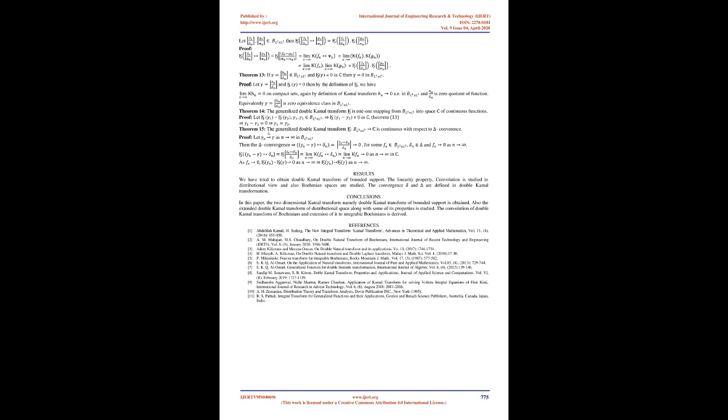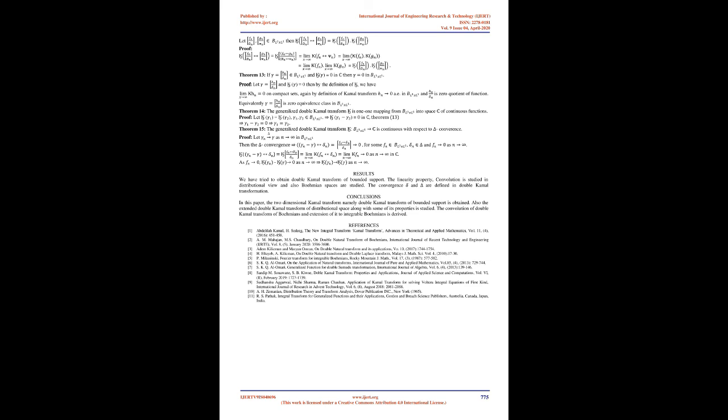Let then proof equals. Theorem 13: if and dot equals 0 in then equals 0 in. Prove: let and dot equals 0, then by the definition of we have on compact sets, again by definition of Kamal transform in and is 0 quotient of function.